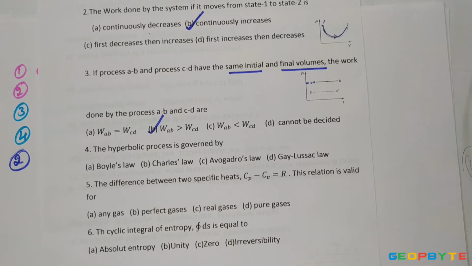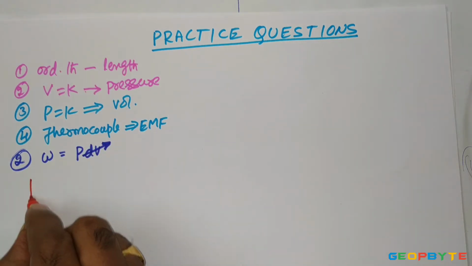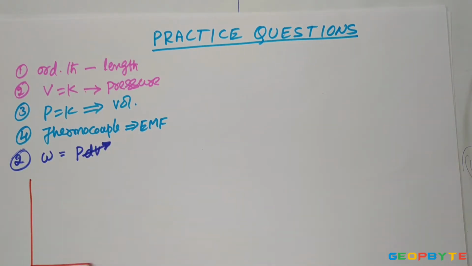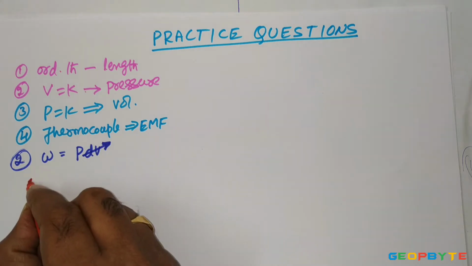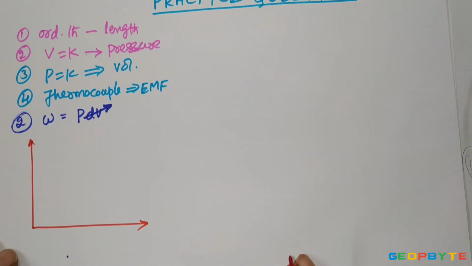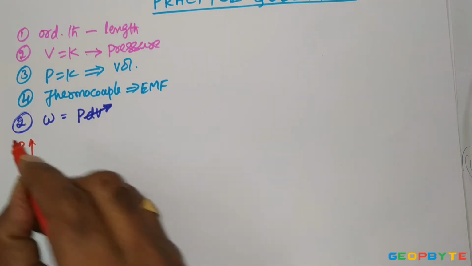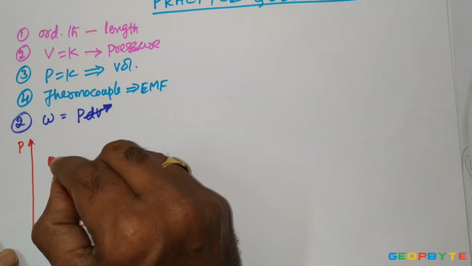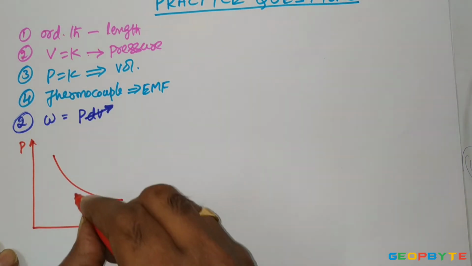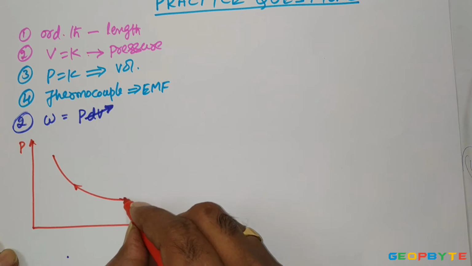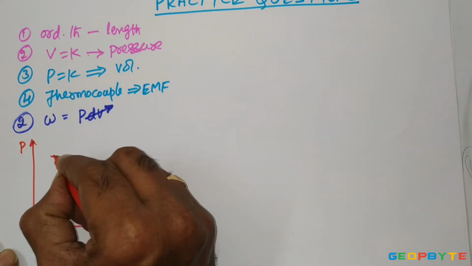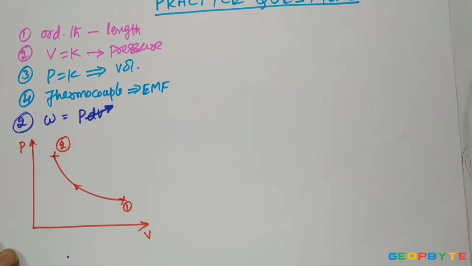If we construct the PV diagram for isothermal process, the geometric shape of the isothermal curve is looking like this. Since it is looking like a rectangular hyperbola, that is the reason the isothermal process is also called hyperbolic process.